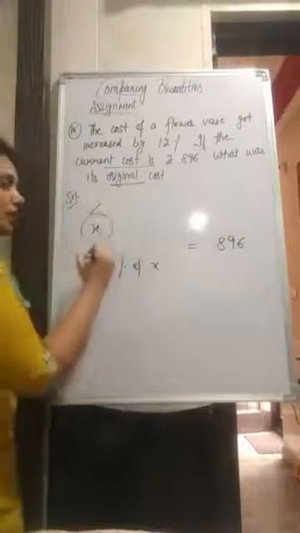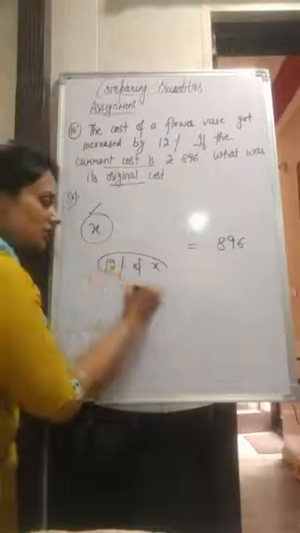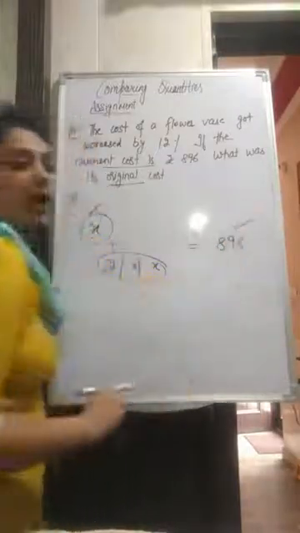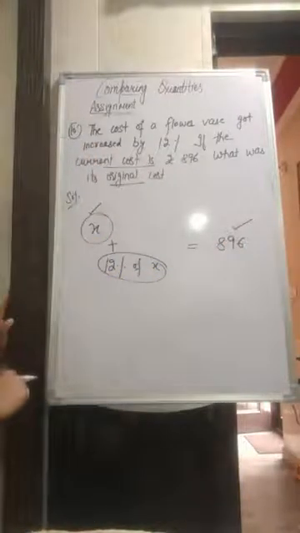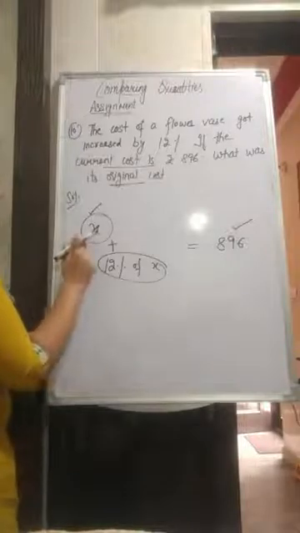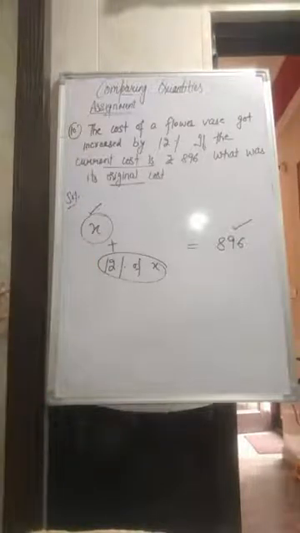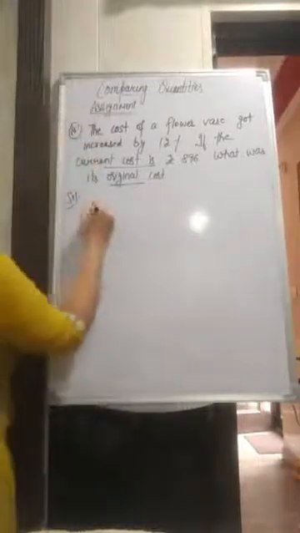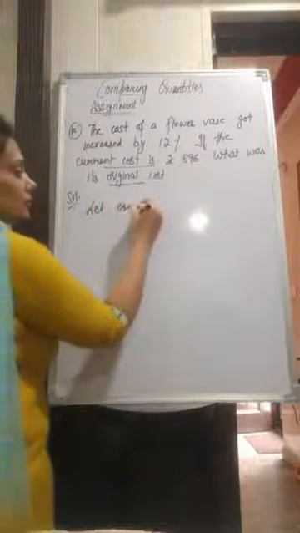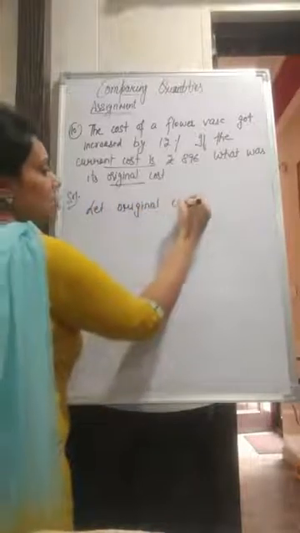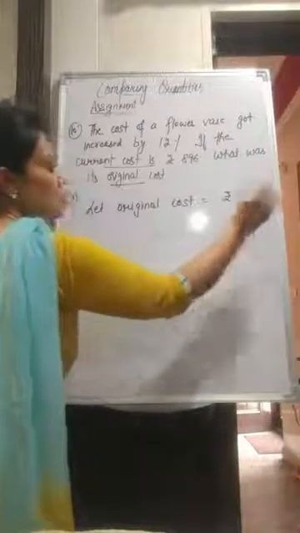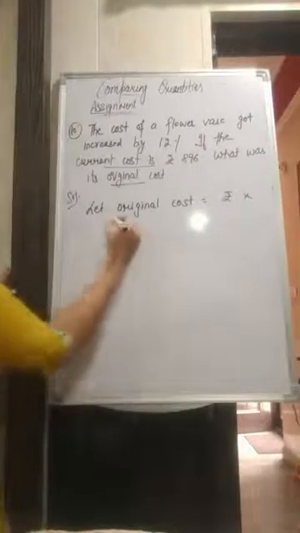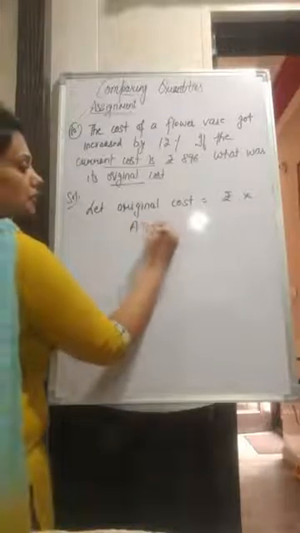पहले cost जो थी और जो cost increase हो गई, दोनों को मिलाकर अब cost कितनी है flower vase की? 896. We have to find the original cost, right? So how to write this question? We will write, let the original cost be rupees x according to the question.